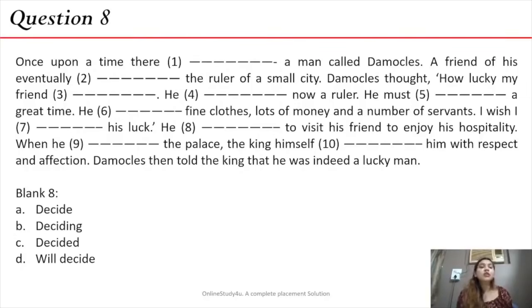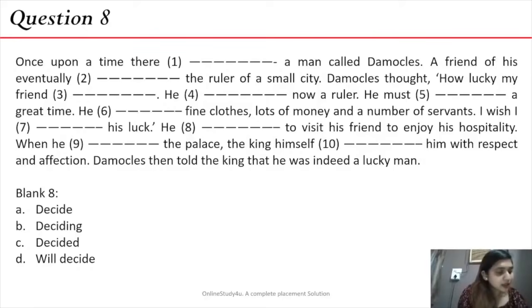So for 8, you can start putting in your answers for what you think could be the correct answer option. I see a lot of C coming in, and one says A. Perfect.